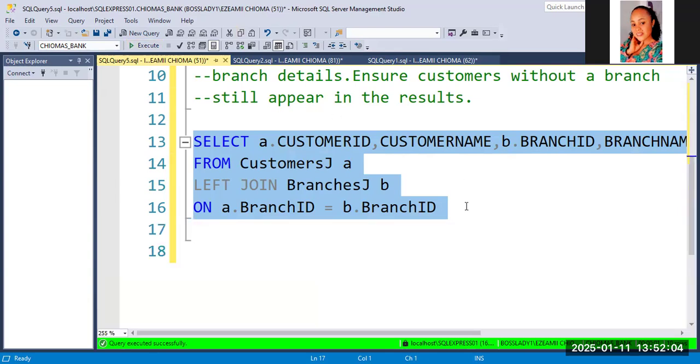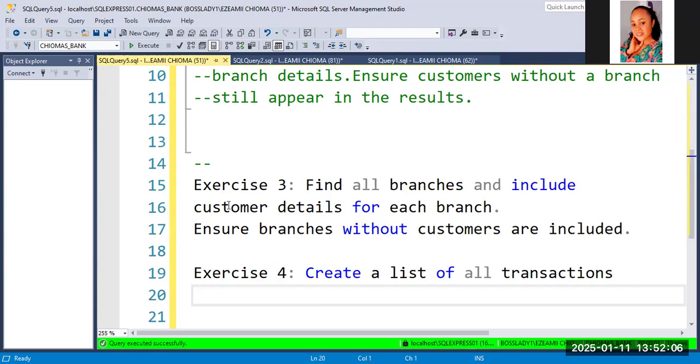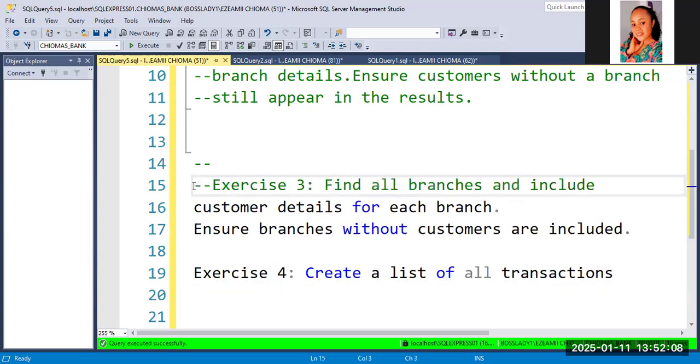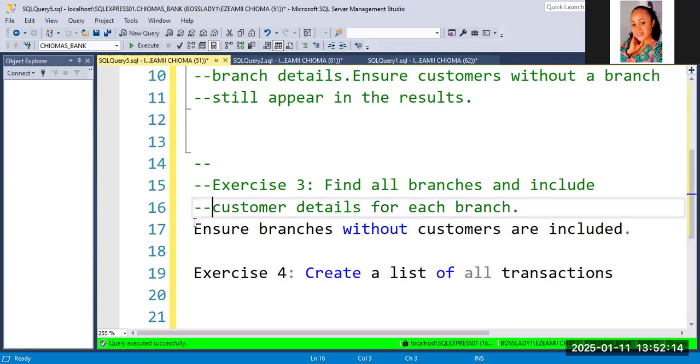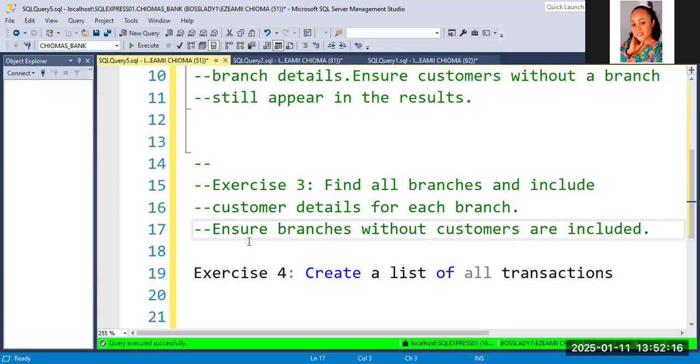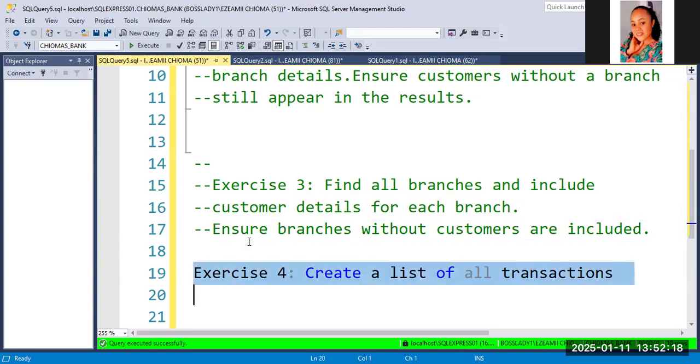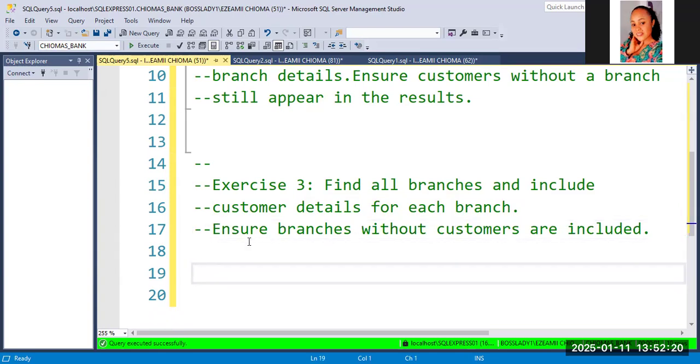Okay, so let's solve our question number 3. The question says, find all branches and include customer details for each branch. Ensure branches without customers are included. So we want to make sure that even branches that don't have customers are also included.